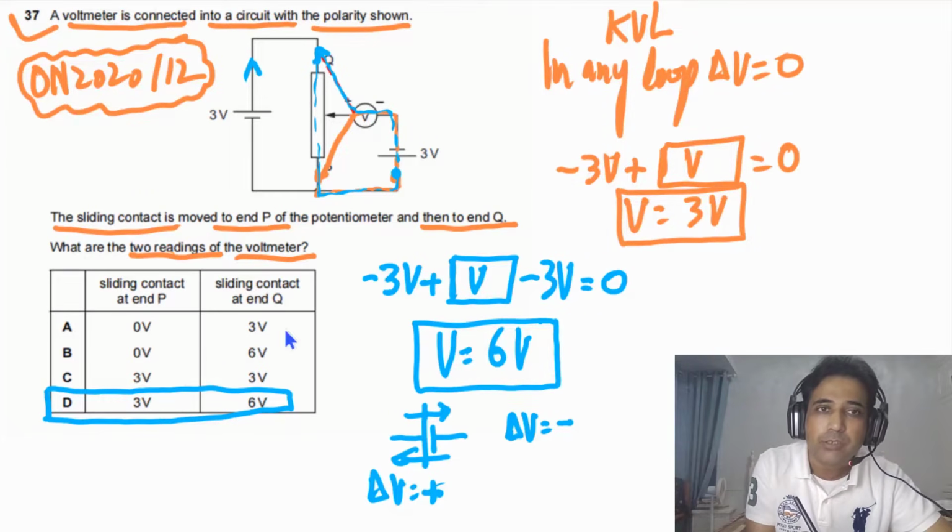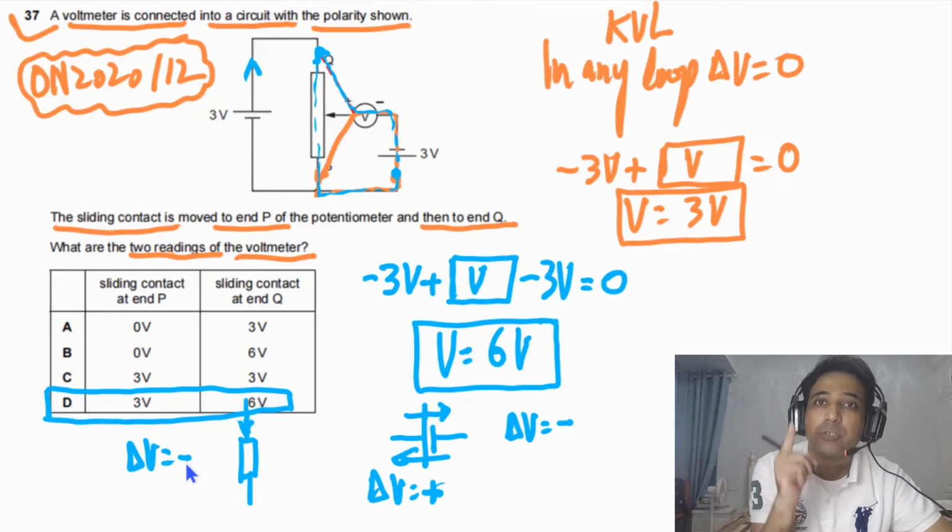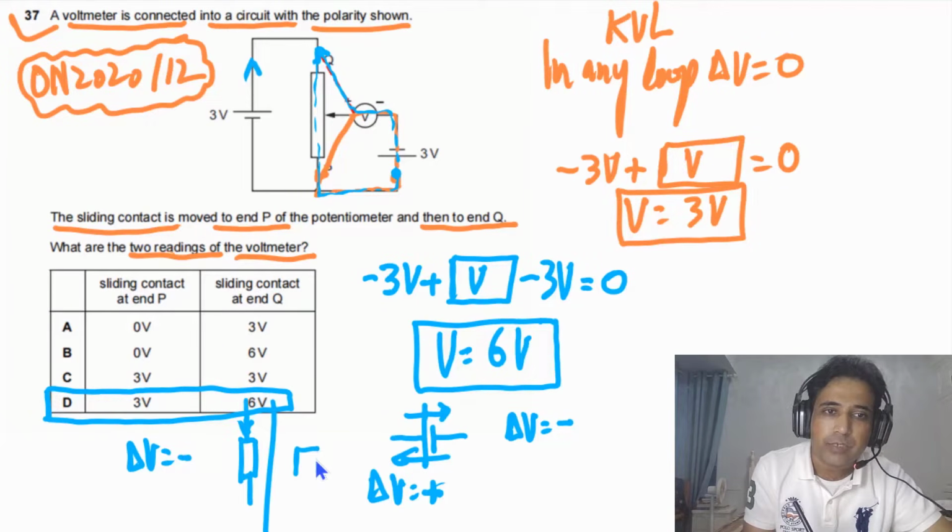And if we go in the direction of current, let's say we have this resistor, let me write it down here. If we go in the direction of current, the potential will drop. It means that PD will be negative, meaning the change in potential will be negative. Vice versa is also true. Let's say we have this resistor and the flow of current is down, and we go in the opposite direction.